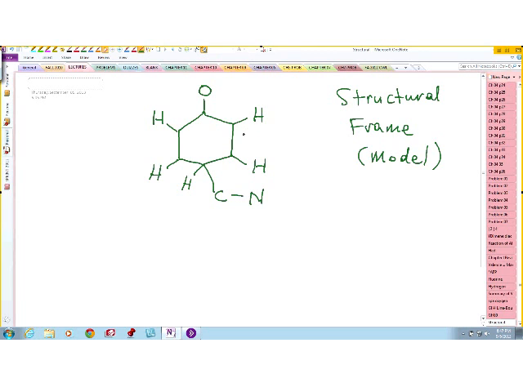Okay, so let's start with oxygen. What do we need to do with the oxygen? What is wrong with this oxygen here? Valence is not obeyed, right? We need to obey the valence and the octet. About this carbon here, valence is also not obeyed, or octet. Both of them are not okay. So what do we need to do? A double bond, exactly.